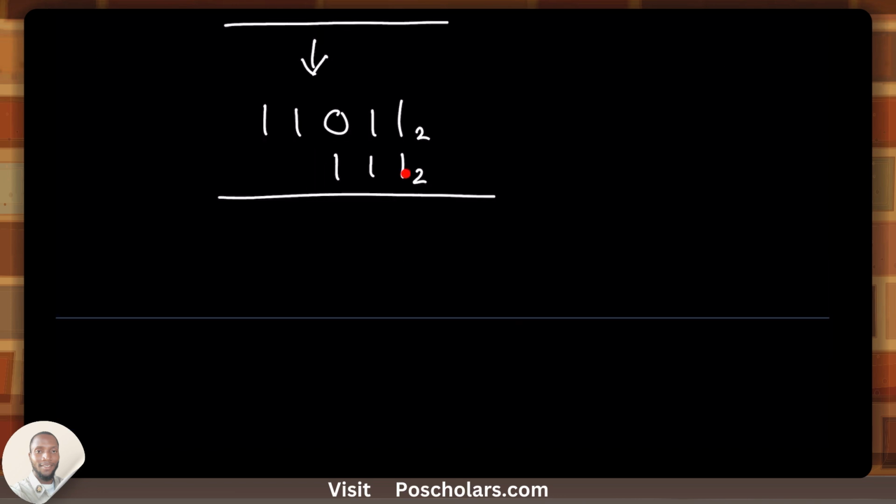Now 1 times 1 is 1, 1 times 1 is 1, 1 times 0 is 0, 1 times 1 is 1, 1 times 1 is 1. Now if you observe, you see that the digits are the same, so we'll just duplicate it, leaving a space at the extreme end.